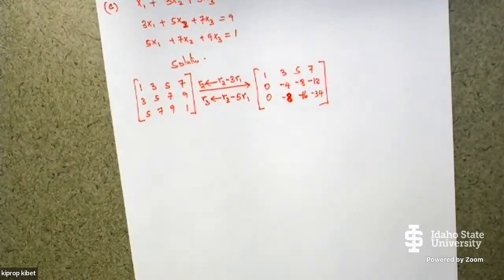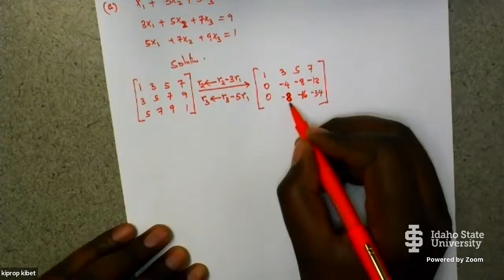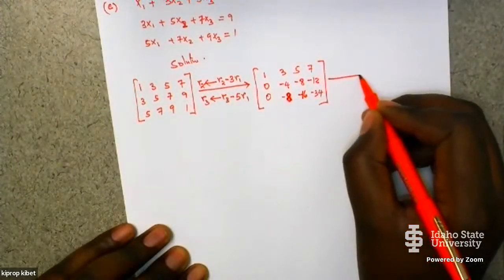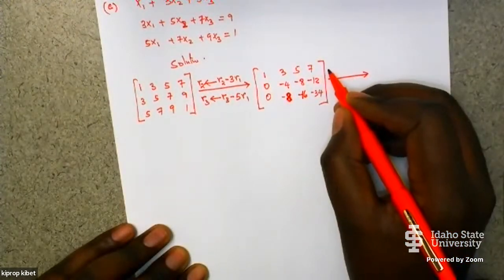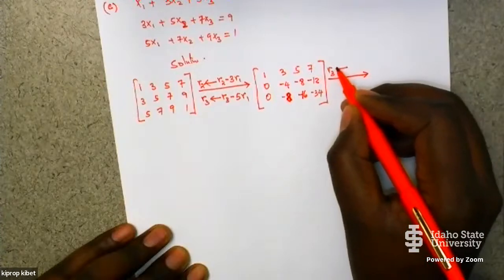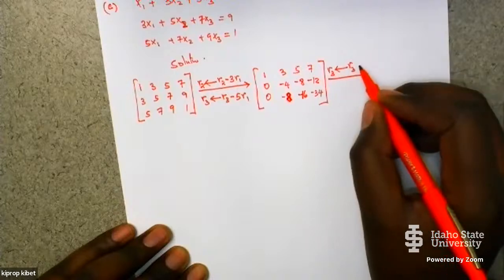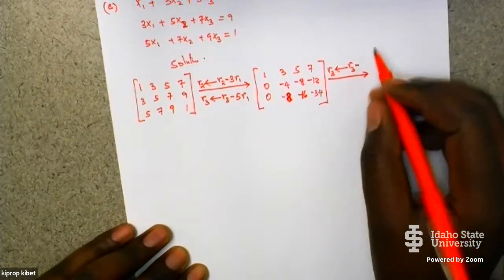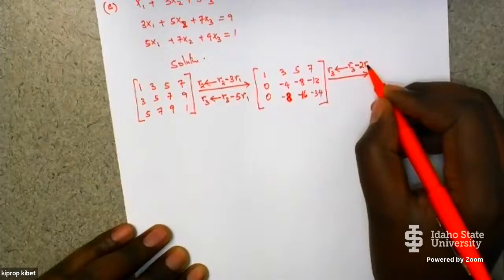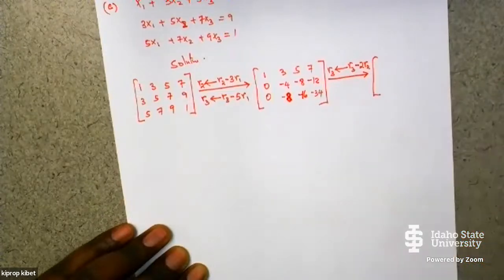Okay. So lastly, then we reduce what? The minus 8 here. So our new R3 will now be R3 minus 2R2.